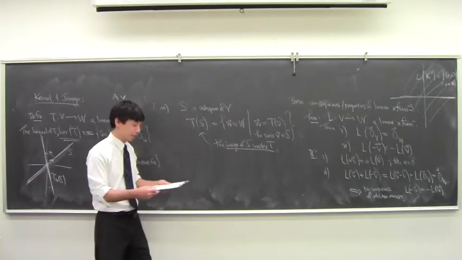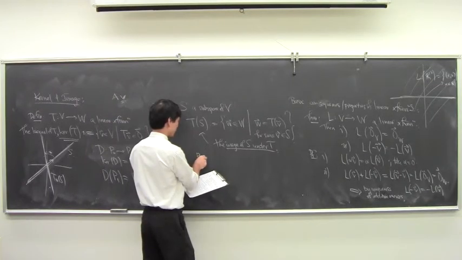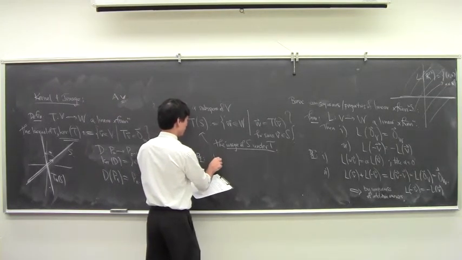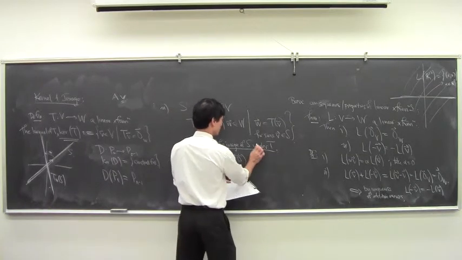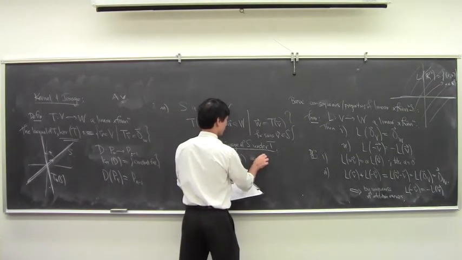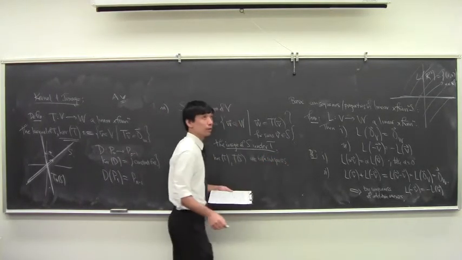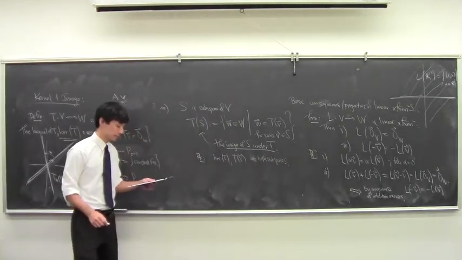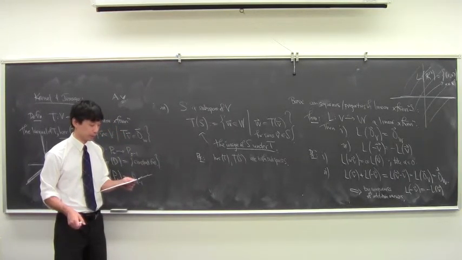Yes, okay, yeah. So that was going to be my next comment, that in fact the kernel and the image are both subspaces. They're both closed under addition and scalar multiplication.